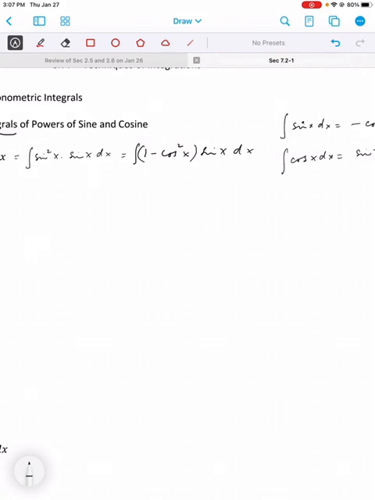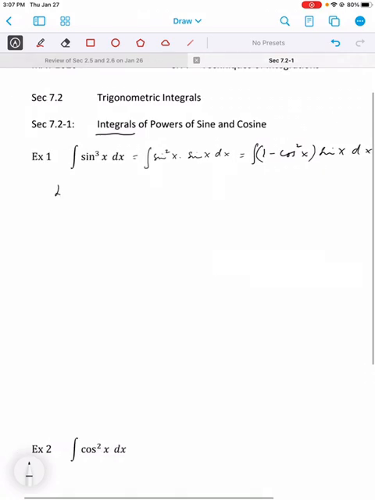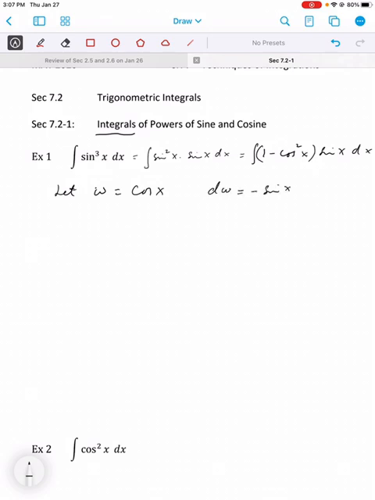So we say let w equal cosine of x, then dw is equal to negative sine of x dx, or dx is equal to dw over negative sine x.